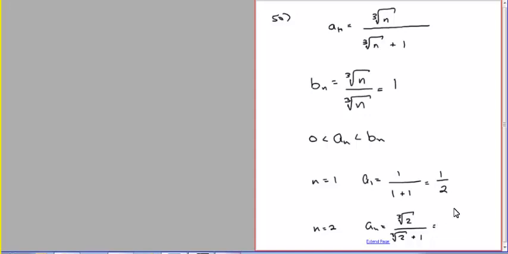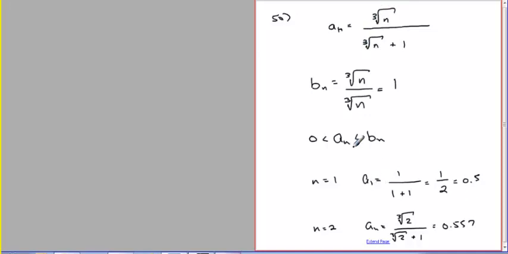Let's do it in our calculator. 2 to the 1/3 power divided by 1 plus 2 to the 1/3 power is 0.557. It was 0.5 before, so you see it's getting bigger. But as n goes to infinity, the 1 will become insignificant relative to the other two terms, so you'll just end up with the same number divided by itself, which is 1.